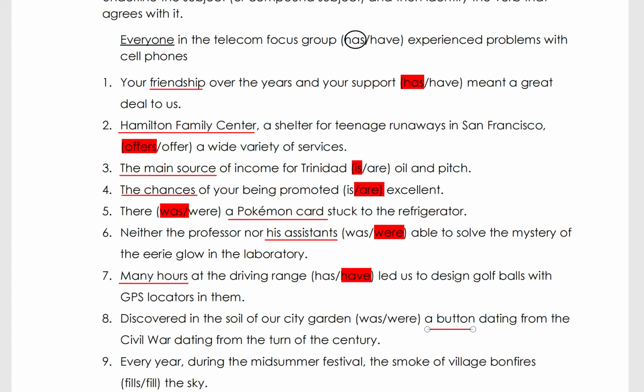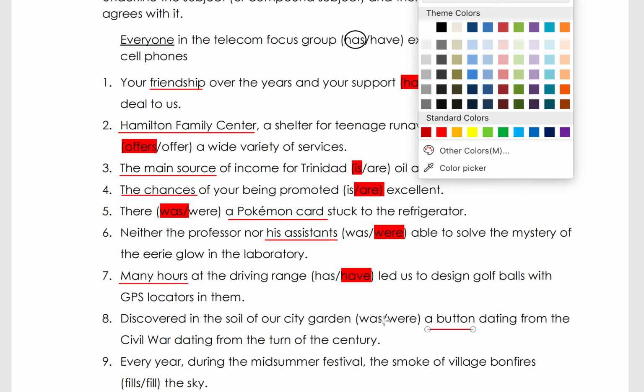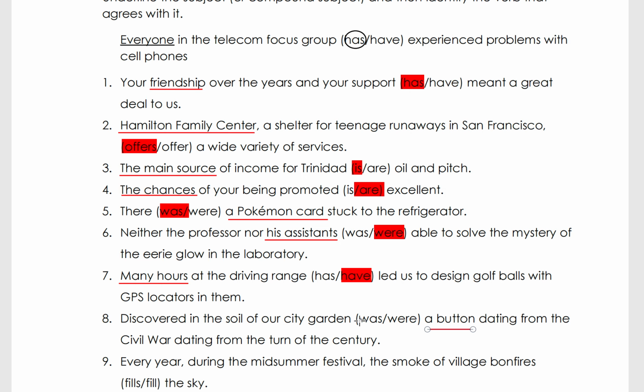So when the subject is singular, you should find a singular verb as well. Sorry, I chose the wrong one. So here is your answer, "was." Again, why? Because a button is singular here.